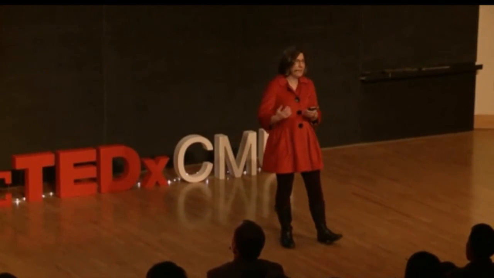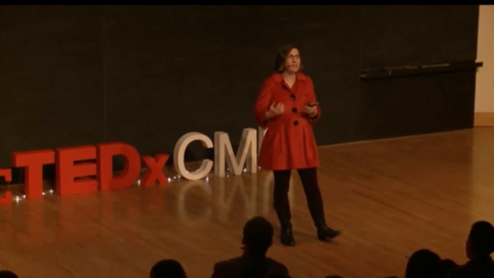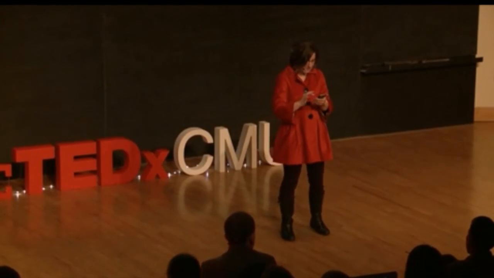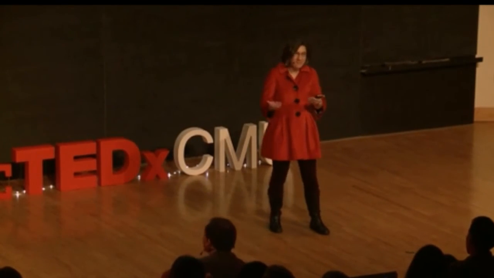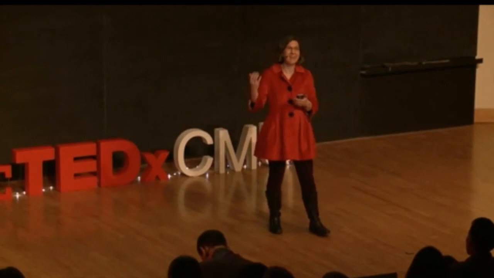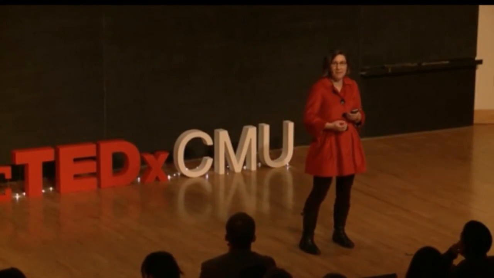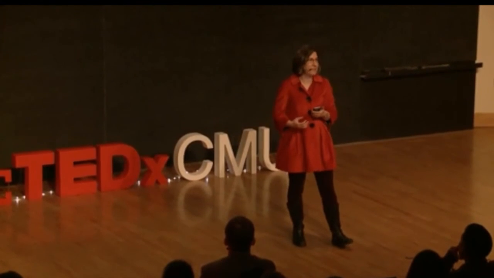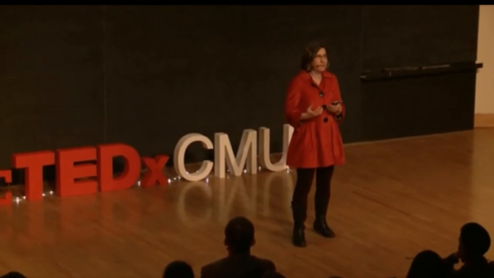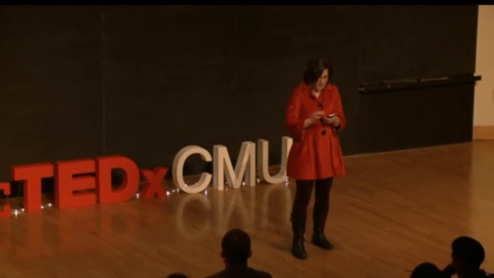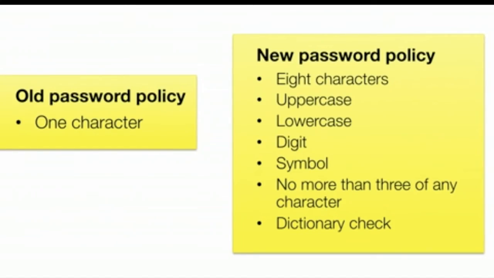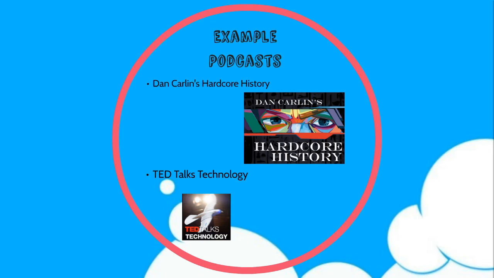But what do you do when you have accounts on 100 different systems and you're supposed to have a unique password for each of these systems? It's tough. At Carnegie Mellon, they used to make it actually pretty easy for us to remember our passwords. The password requirement after 2009 was just that you had to have a password with at least one character. Pretty easy. But then they changed things. And at the end of 2009, they announced that we were going to have a new policy. And this new policy required passwords that were at least 8.